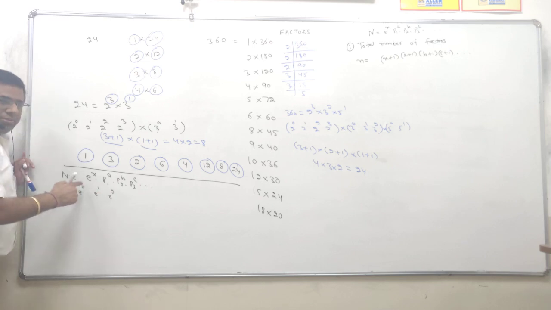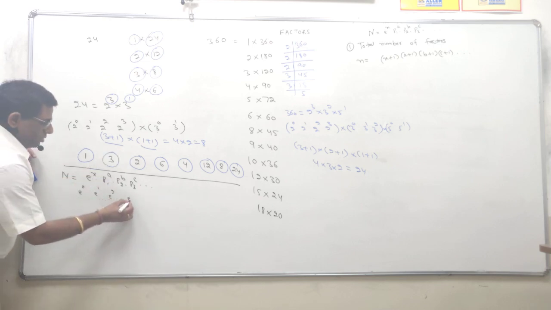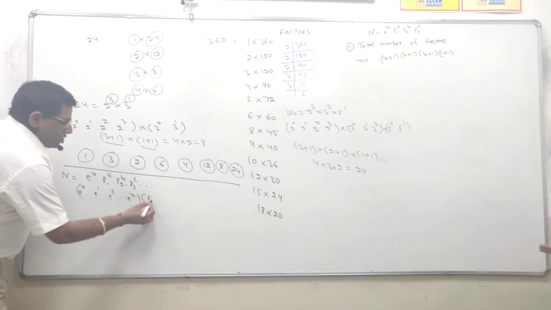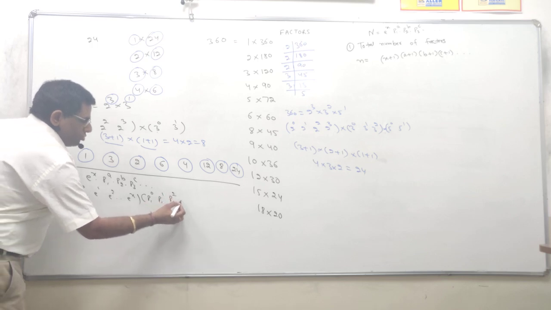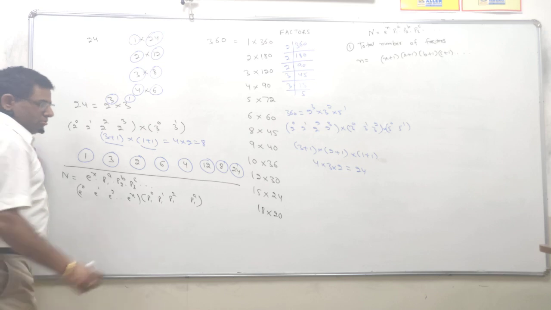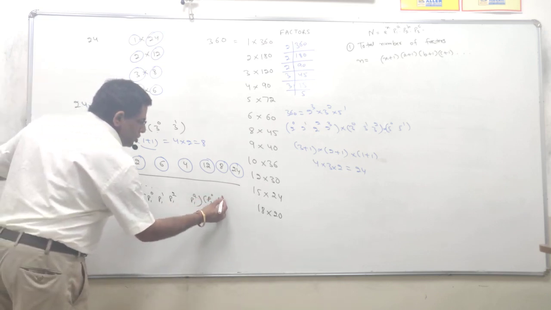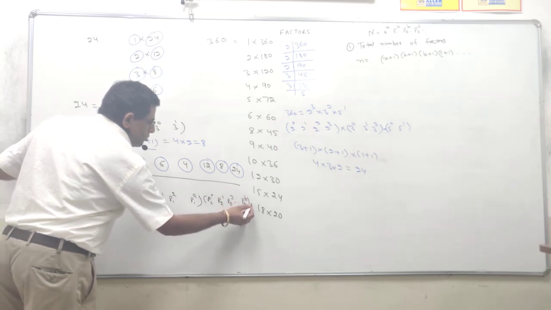E is an even prime, and p1, p2, p3 are the odd primes. Any number from p1 raised to power 0, p1 raised to power 1, up to p1 raised to power a. Similarly p2 raised to power 0, p2 raised to power 1, up to p2 raised to power b, and so on.